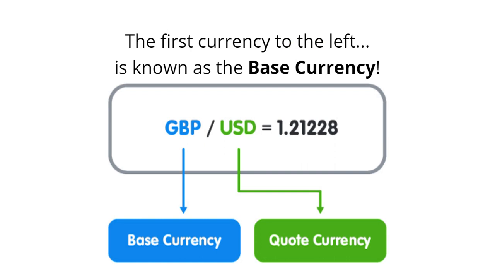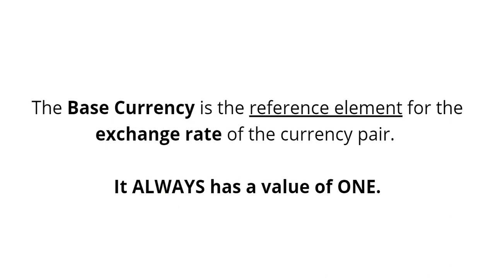And the base currency is the reference element for the exchange rate of the currency pair. And what you need to know is that it always has a value of 1. As long as you remember that, you will be okay. The base currency always has a value of 1.